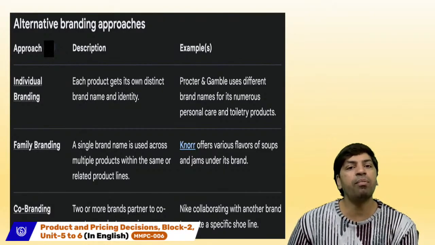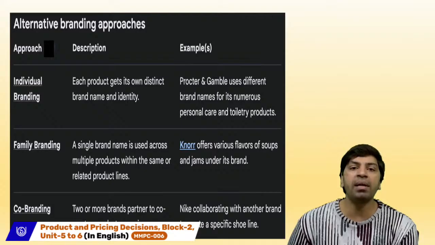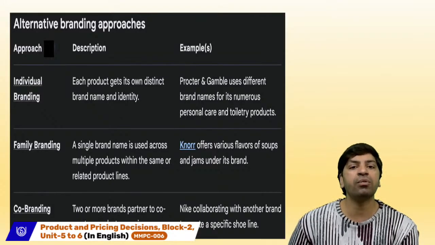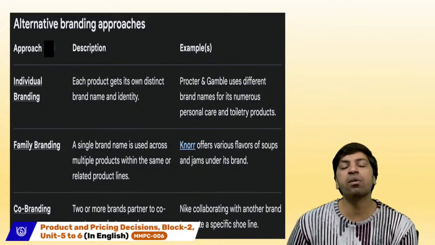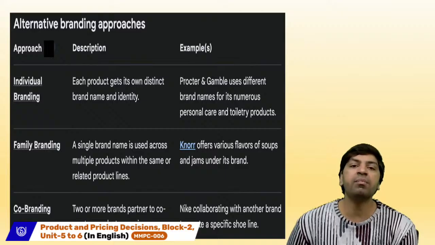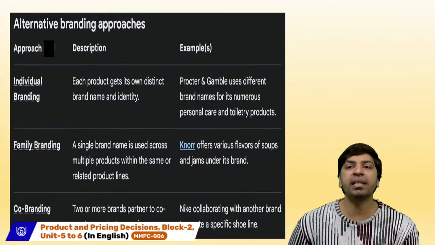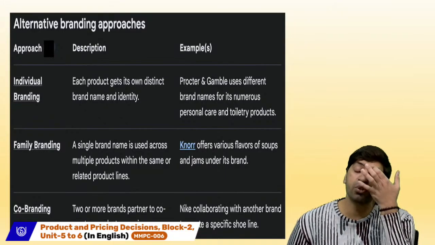Next is co-branding. Two or more brand partners co-create a product or service. Nike is one of the examples in co-branding, collaborating with another brand so that they can create a specific store line.